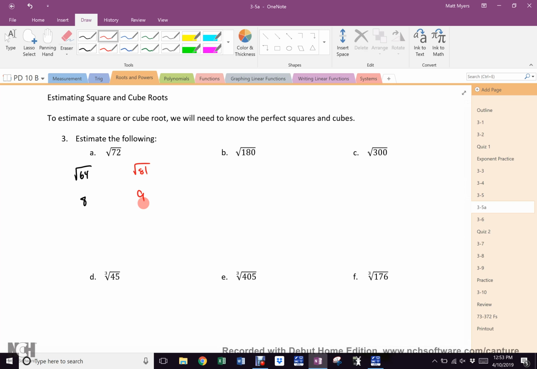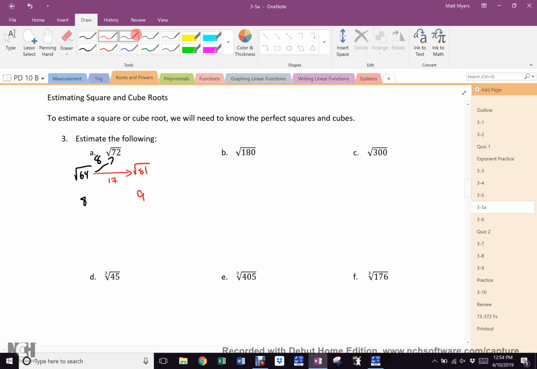Now, how far is it from 64 to 72? That is 8 steps, yes? How far is it from 64 to 81? 17 steps, yes? 72 is 8 out of a possible 17 steps, yes?